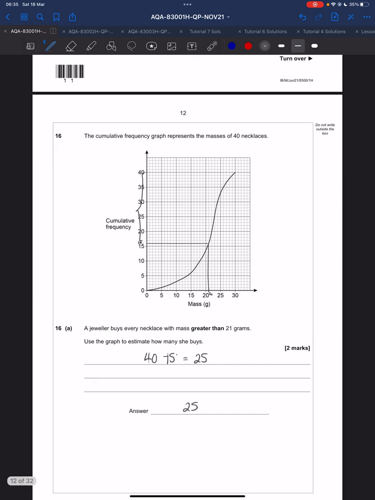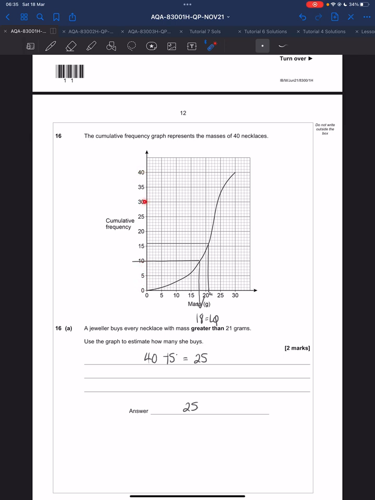Okay, so I'll just rub some of these out. So what we've got to do is look for the lower quartile, which is 10, and that has a mass of 18. That's the lower quartile, because there's 40 up there, so the lower quartile is 10.